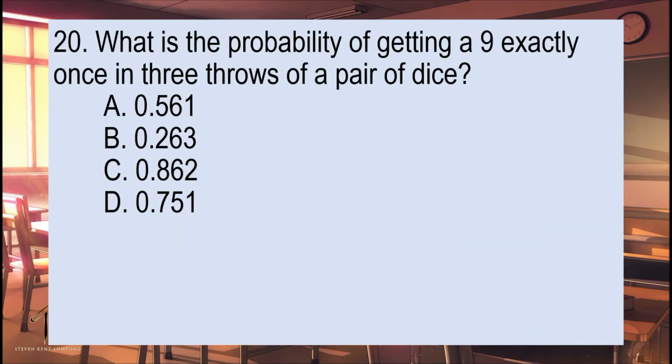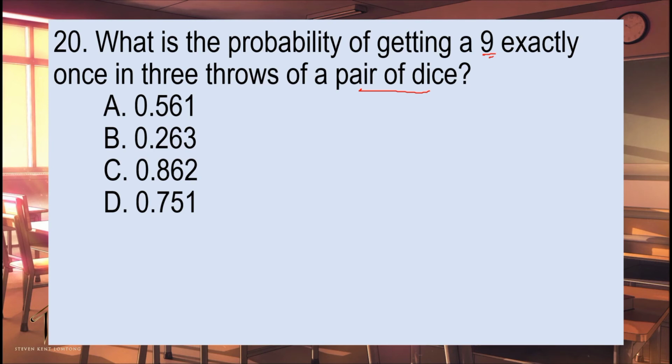Now let's answer question number 20. What is the probability of getting a 9 exactly once in 3 throws of a pair of dice? We are given a pair of dice, and we have to get a 9.